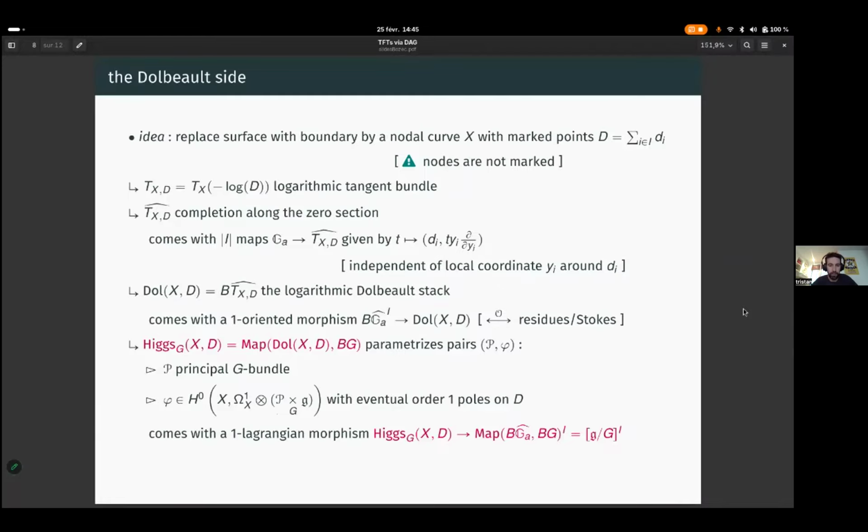Thanks to the results mentioned earlier of Calaque, the orientation above yields an actual shifted Lagrangian morphism from my Higgs moduli to the mapping space from the boundary to BG. And this final part explains why I talked about Moore-Tachikawa earlier: what's different from the Betti side is that I get the actual Lie algebra here.